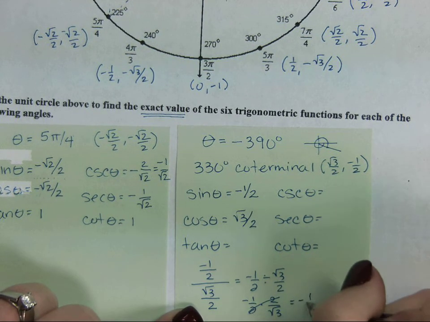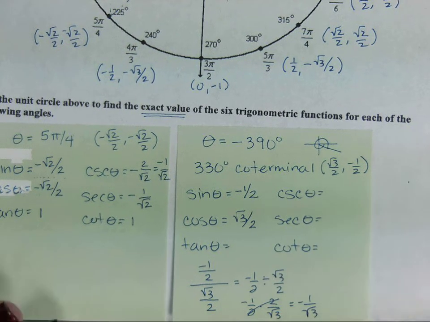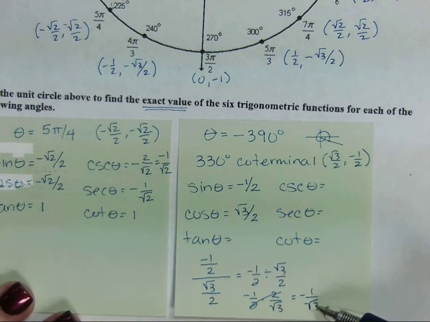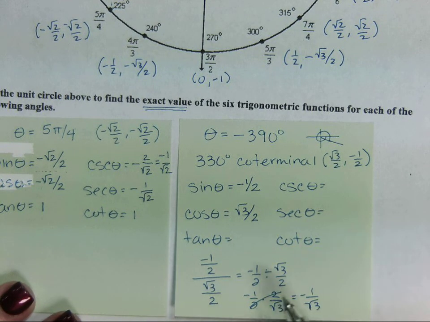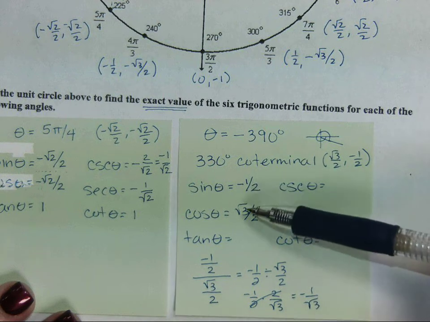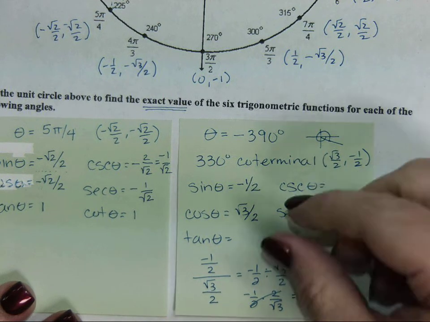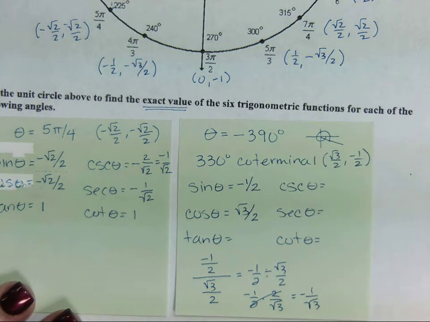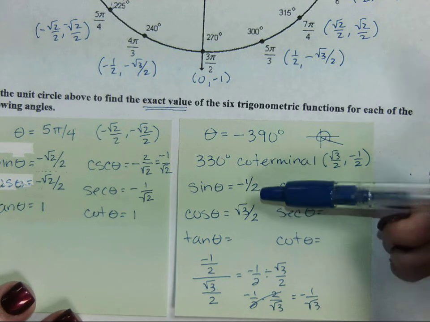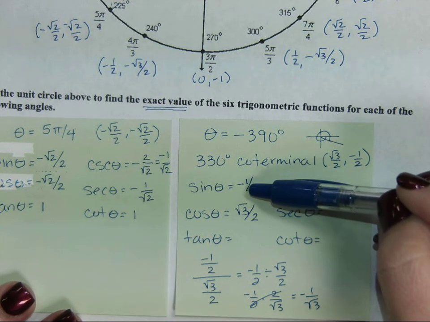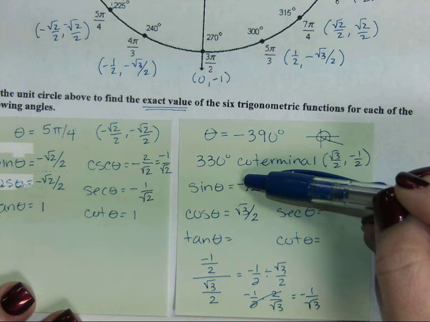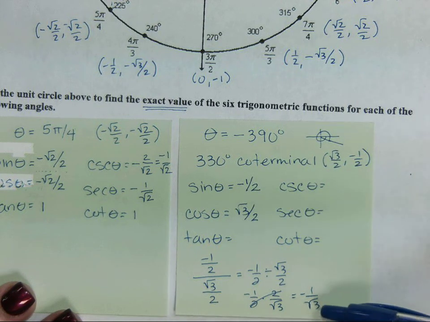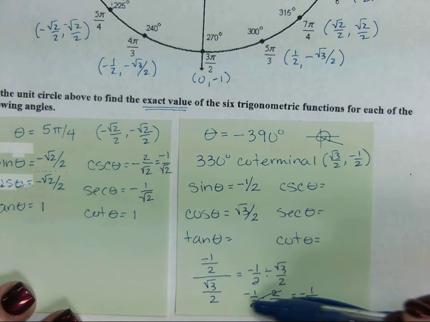So the fraction that I get after all this work is the same thing as if I just looked at sine and cosine, got rid of their denominators, and created a fraction with the numerators. Cover up the 2's and make a fraction where negative 1 is on the top and root 3 is on the bottom, and that's the same thing as going through all of this process.